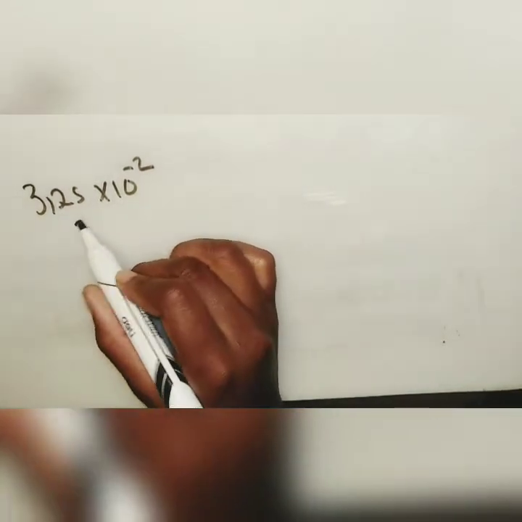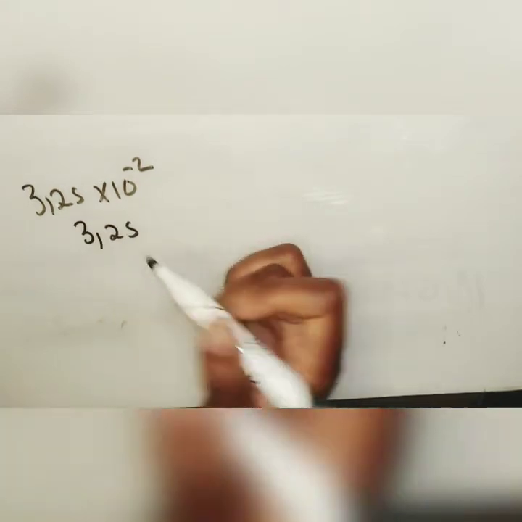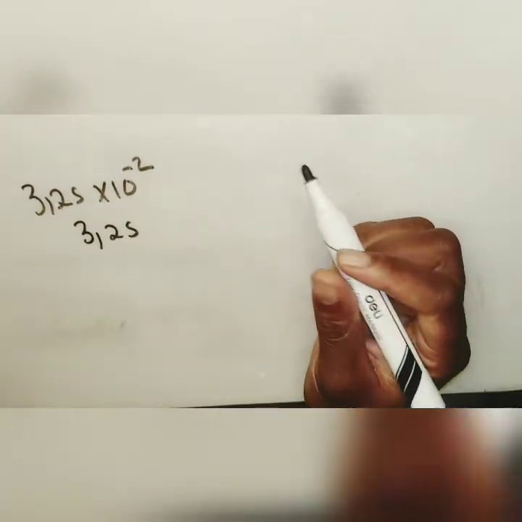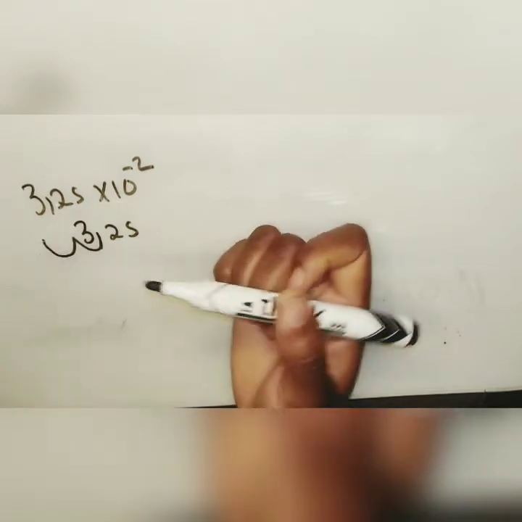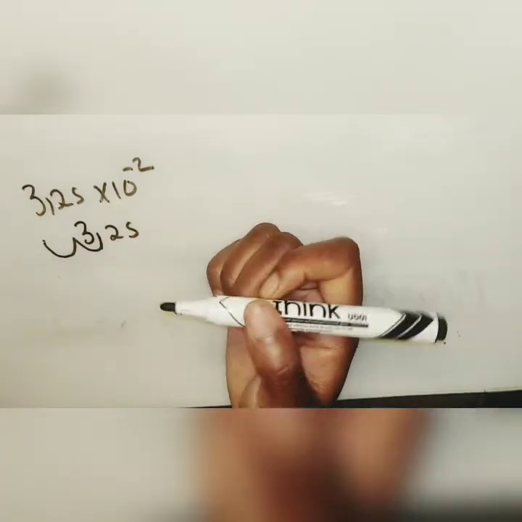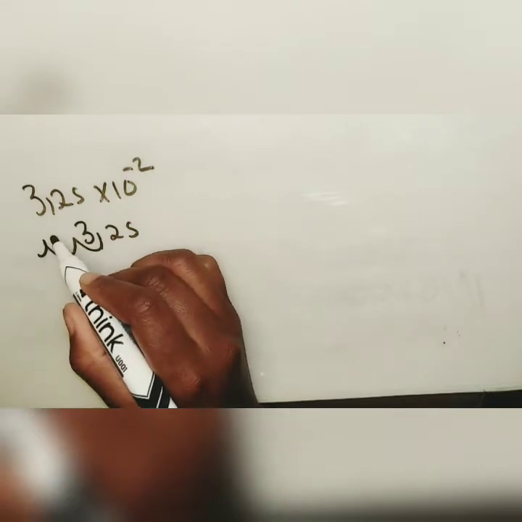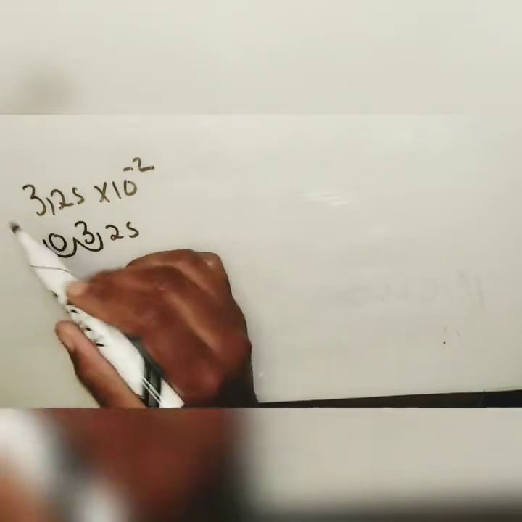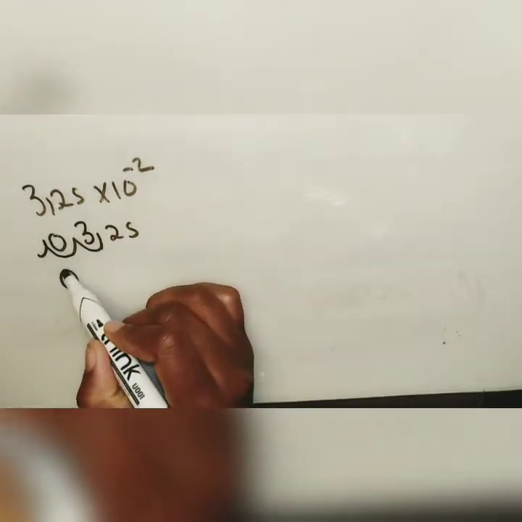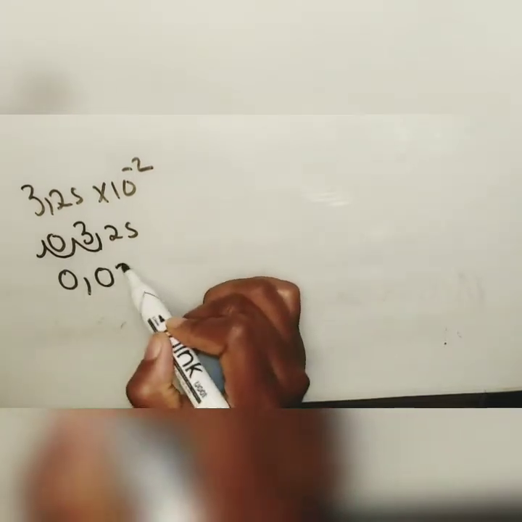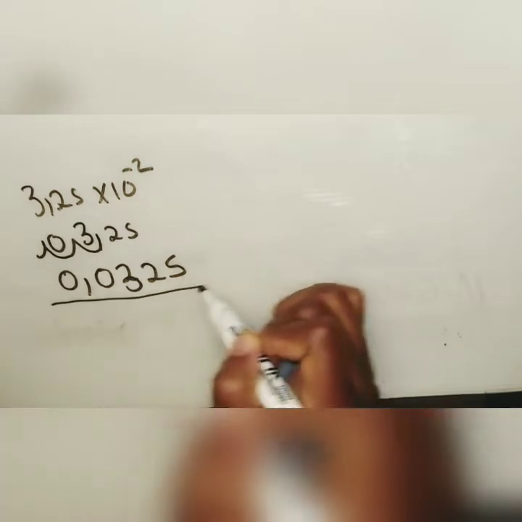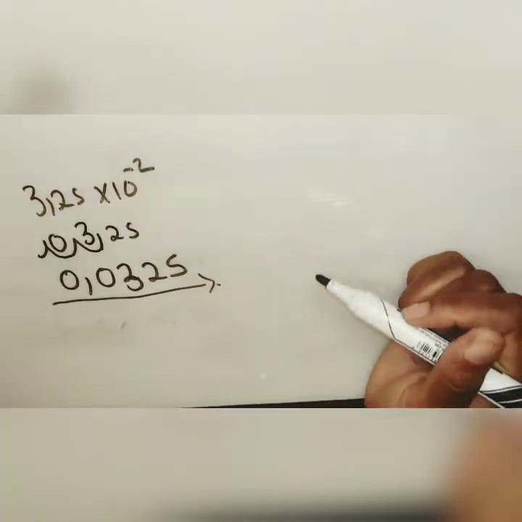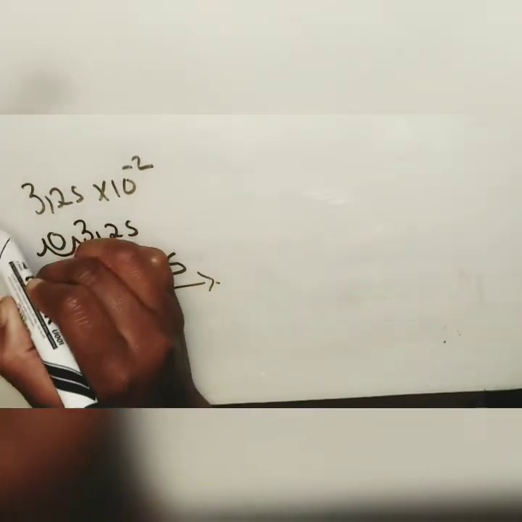I'll simply move 2 steps to the left, and that's where my comma is going to be. Where there's nothing, I'll put a 0. So this will become 0,0325 as a decimal. That was part B of the question.